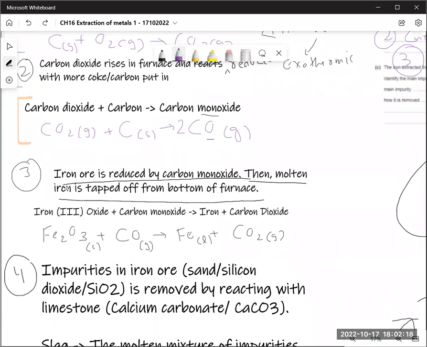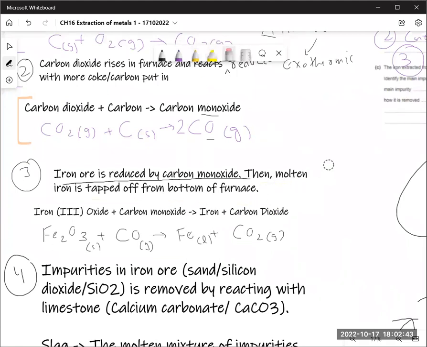Now, the third step. What is the third step? Read the third step, Diana. Iron ore is reduced by carbon monoxide, then molten iron is tapped off from the bottom of the furnace. But the issue is that this part is not a reaction. Is it a reaction? No, it's just removing it.